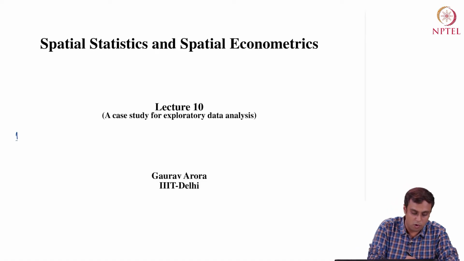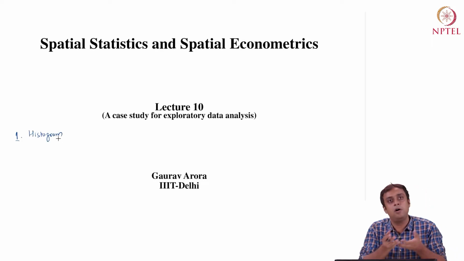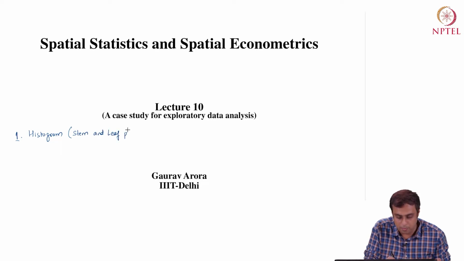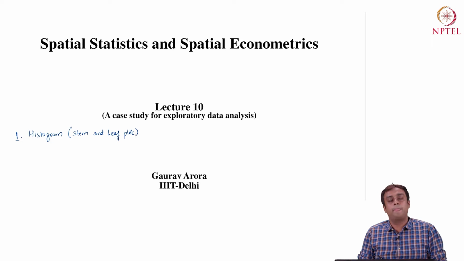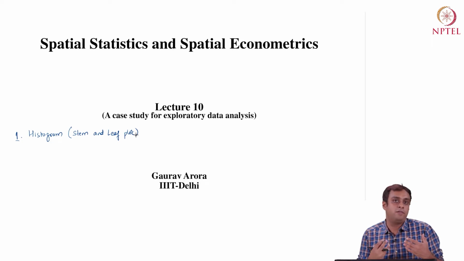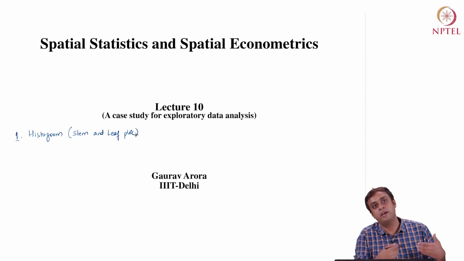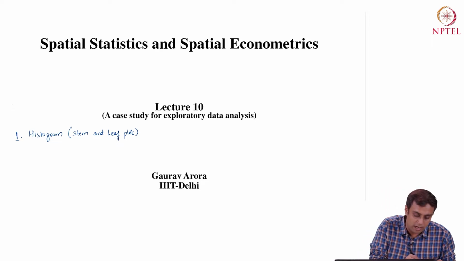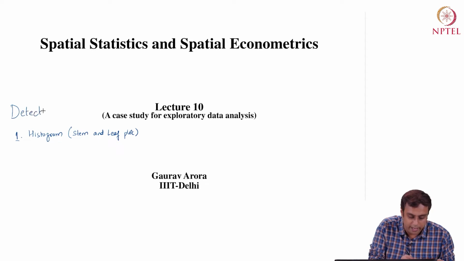Broadly we looked at three strategies. The first one was a histogram. We saw an earlier version of the histogram which we called the stem and leaf plot. The major idea of conducting this kind of exploratory data analysis, summarizing data, that we covered last time was detecting outliers.